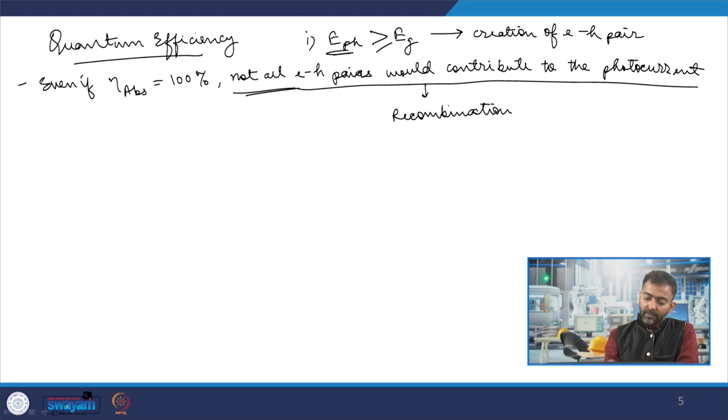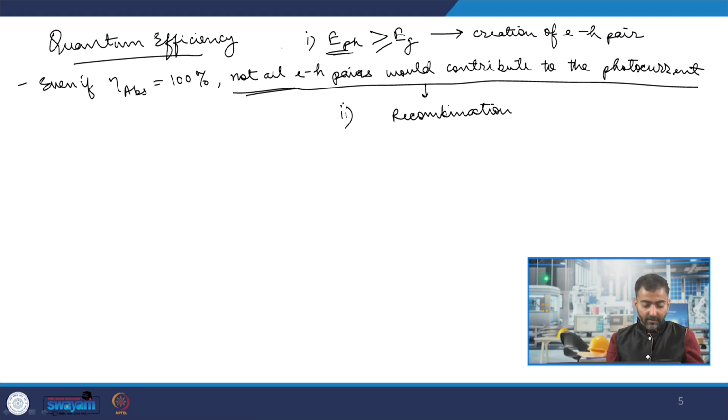So, due to these two factors, one is that not every photon has energy more than the band gap, and second is the effect of recombination, many of the generated electron hole pairs might not actually contribute to the final photocurrent. So, due to these two phenomena, the quantum efficiency will actually be lower than the absorption efficiency.